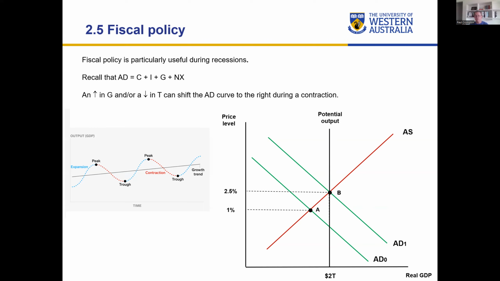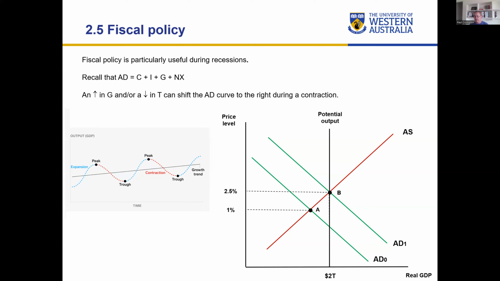Certainly monetary policy can shift the aggregate demand curve left or right, depending upon whether you are decreasing interest rates, which will shift it to the right, or increasing interest rates, which will shift it to the left. Fiscal policy can shift the aggregate demand curve left and right, and we'll learn more about that soon. But QE is more about just shifting the aggregate demand curve to the right, typically during severe downturns or recessions, and then QT will tend to shift the aggregate demand curve back to the left.